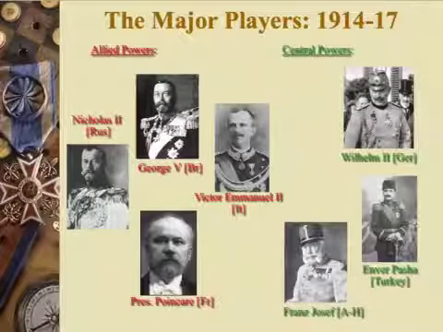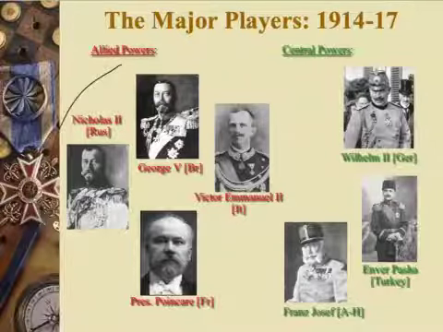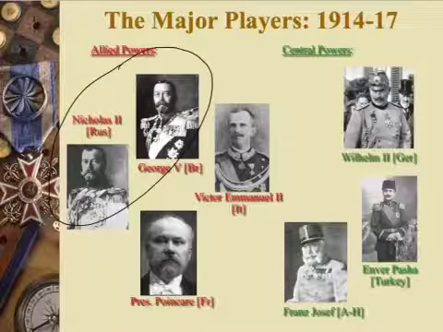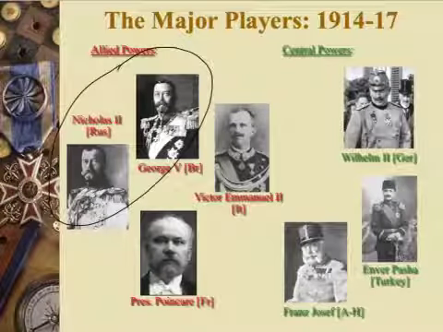Here you see the major players involved as far as leadership is concerned between 1914 and 1917. The reason this doesn't go into 1918 is that some of these leaders no longer exist in power by 1918. Also, a little curious thing you might notice is look at these 2 guys over here, Nicholas II and George V of Great Britain. They might look like identical people. They are not.